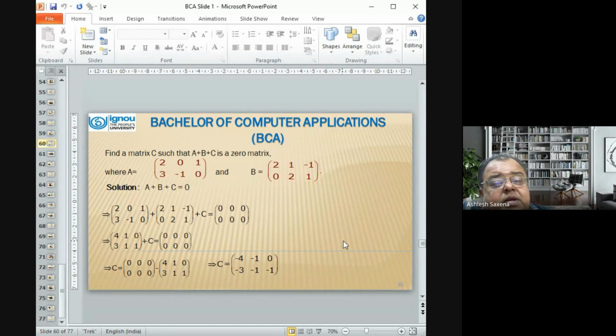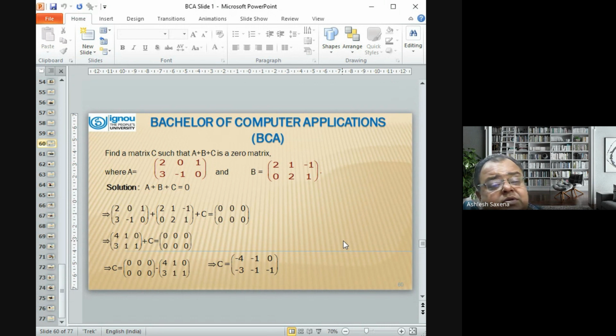Now see, find a matrix C such that A plus B plus C is a zero matrix. That means you have the values of A and B. Your given condition is A plus B plus C equal to 0. And what I will be doing is replacing A and B with the matrices.